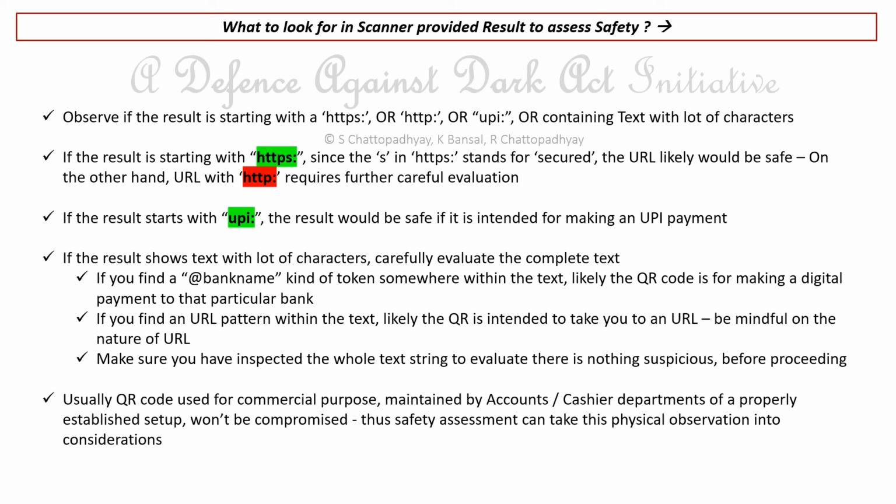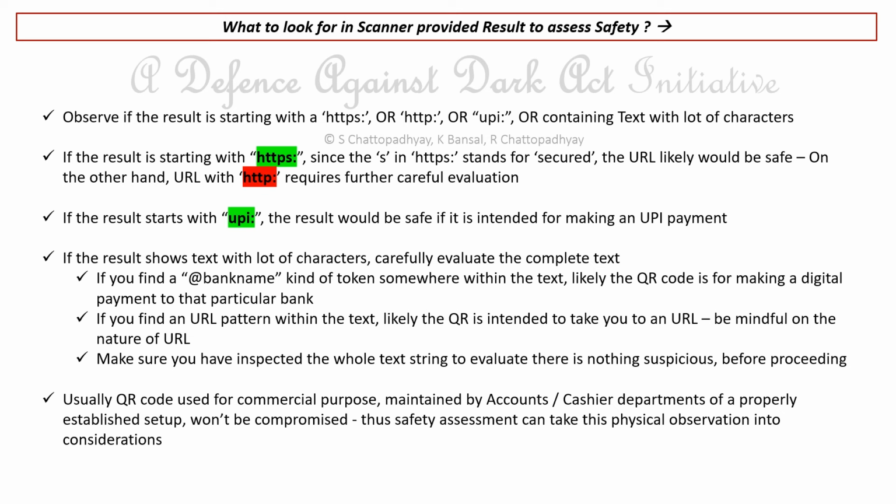So essentially, there could be some other, similar kind of text that you can evaluate based on the context. For example, if the result shows a lot of characters which has certain bank names in it, some sort of token that says @bank name, a bank name that you're familiar with, quite likely it is leading you to a digital payment website or digital payment application for making a particular payment around that bank gateway or something similar.